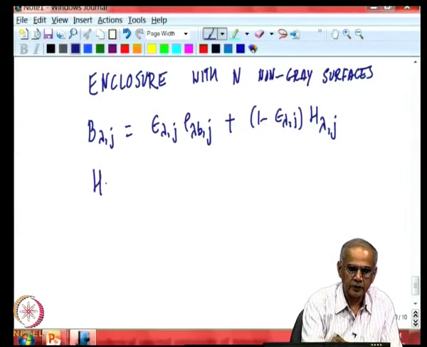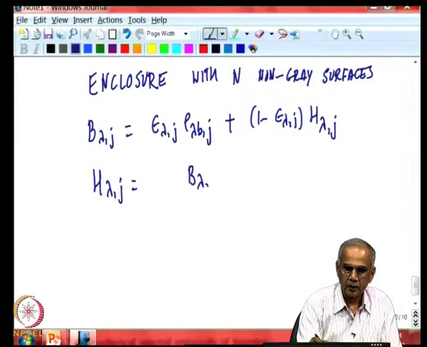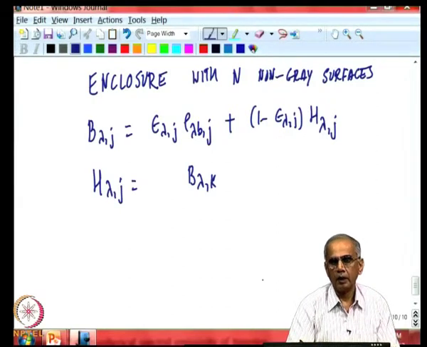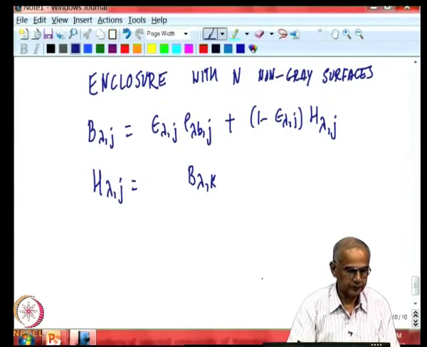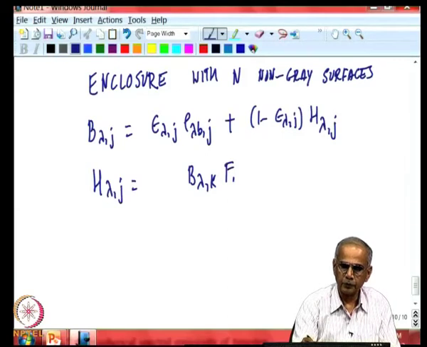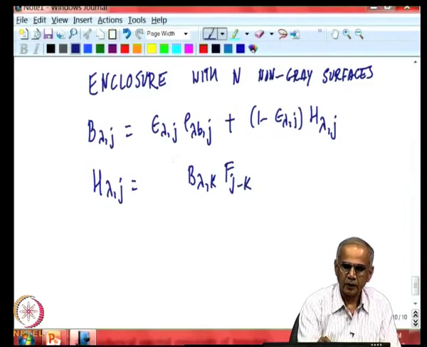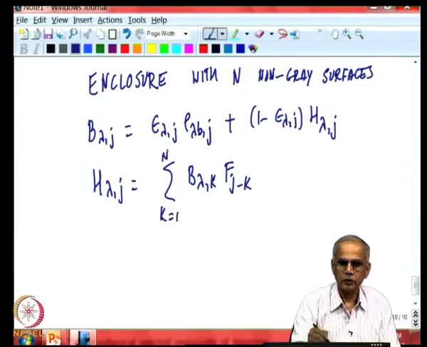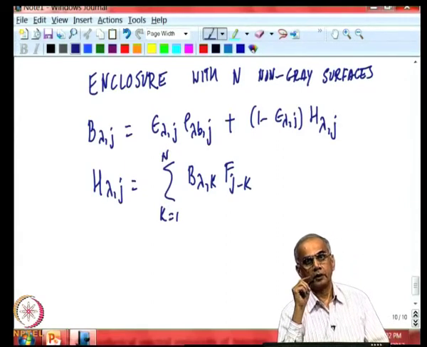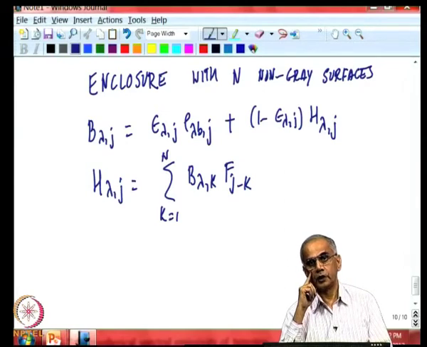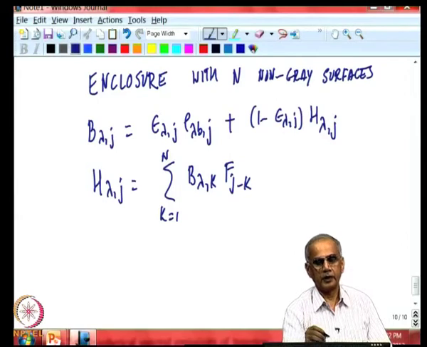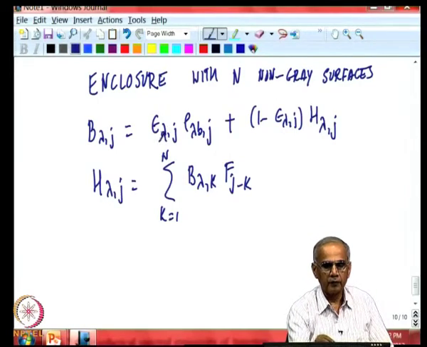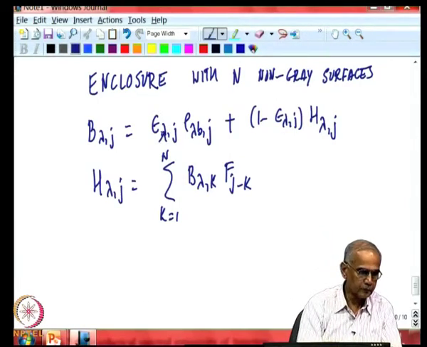And the irradiation of the jth surface will be nothing but what is leaving the kth surface, and after applying reciprocity you have F jk here, and this is sigma k 1 to n. So, this is all similar to what we did for the gray diffuse isotropic enclosure, except that now we are treating everything at a specific wavelength, okay, specific wavelength.